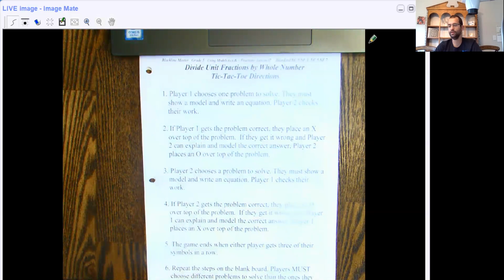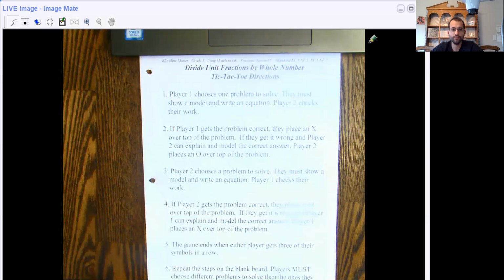All right, so let's take a look at what we're going to be working on today. If you remember right, we are in our math unit of dividing a unit fraction by a whole number, so taking, for example, 1/4 and splitting it into 5 pieces, or taking 1/3 and splitting it into 4 pieces.